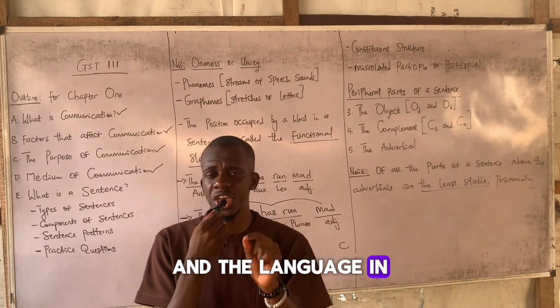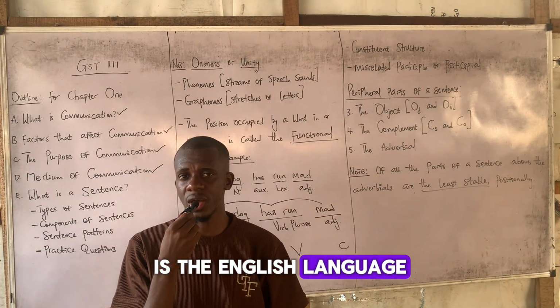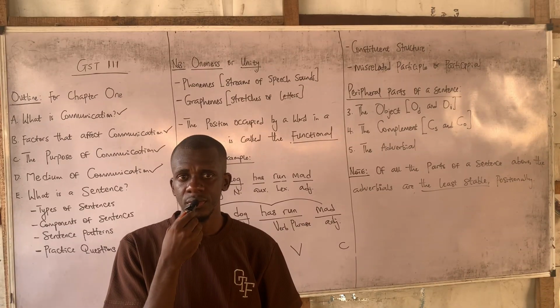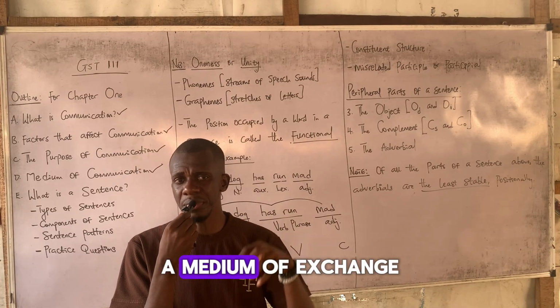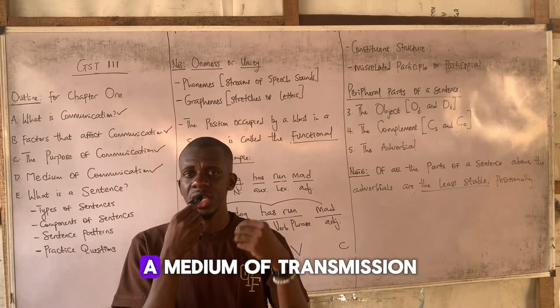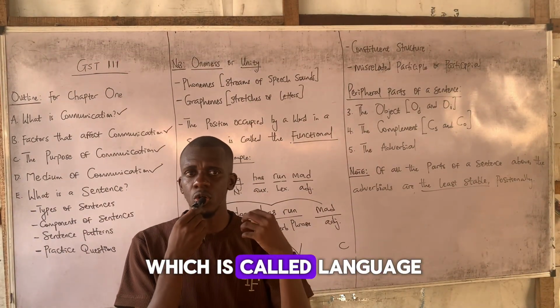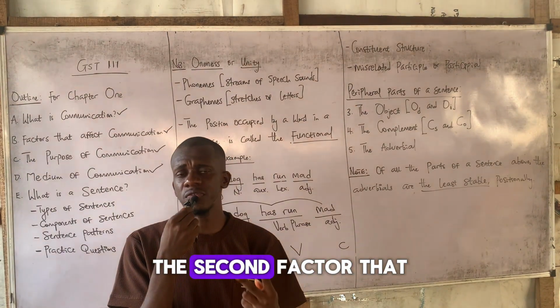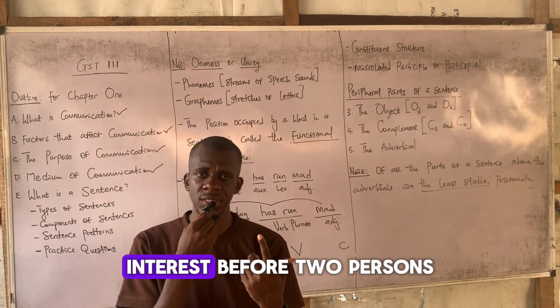And the language in focus here for this course is the English language. So the first factor that affects communication is a medium of exchange, a medium of transmission, which is called language.